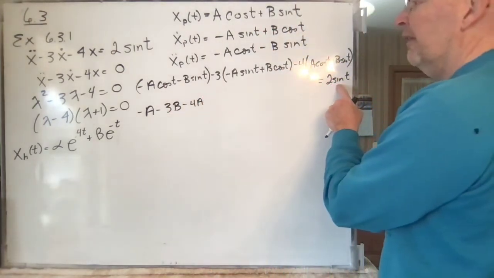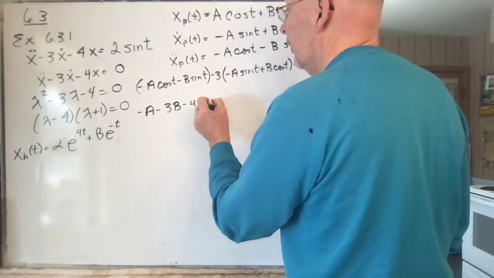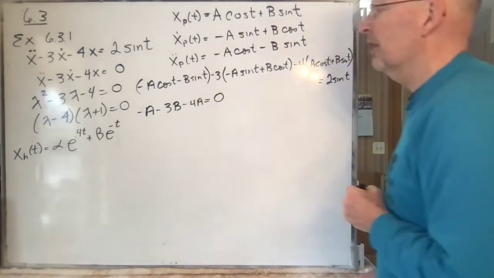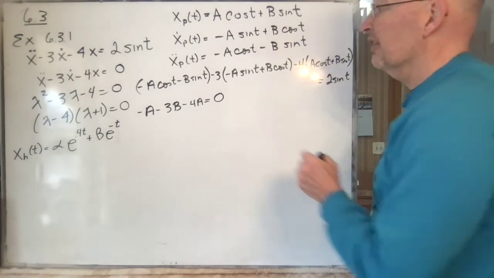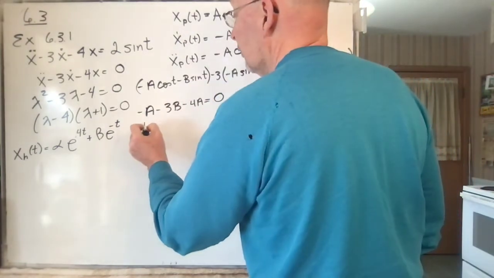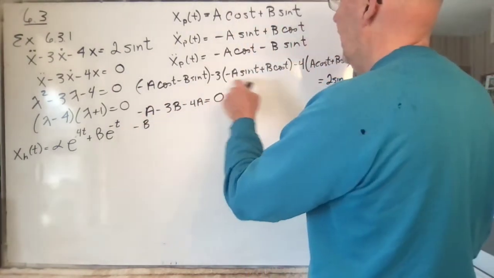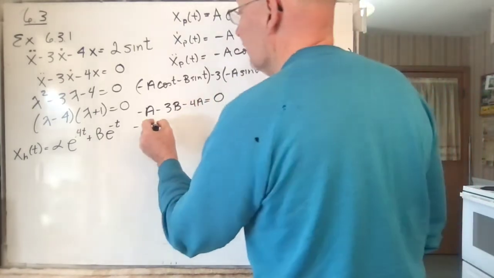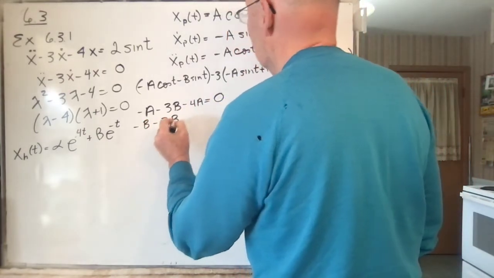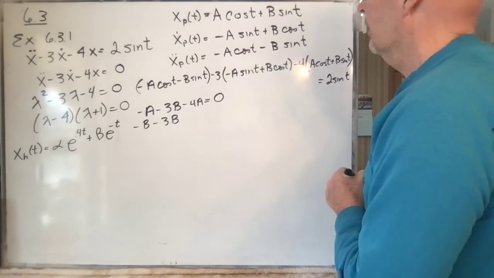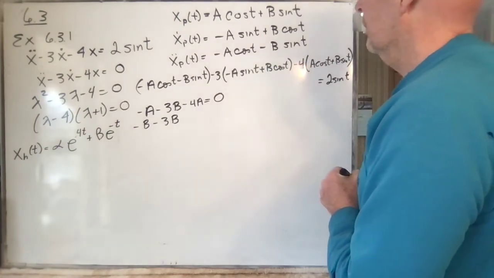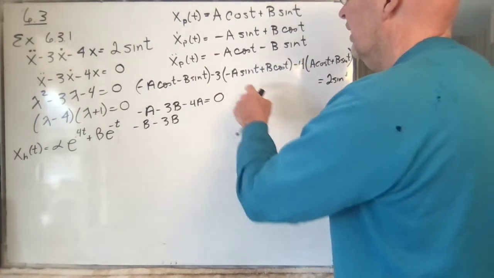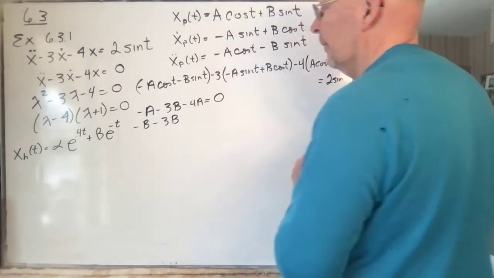And notice I don't have any cosines over here, so that had better be equal to 0 by the time I'm done. And then the sines, I have negative b of them here, and what? Negative 3b of them here. Let's see, sines. Positive 3a of them, okay?